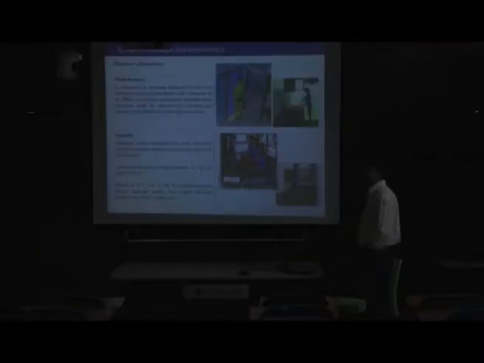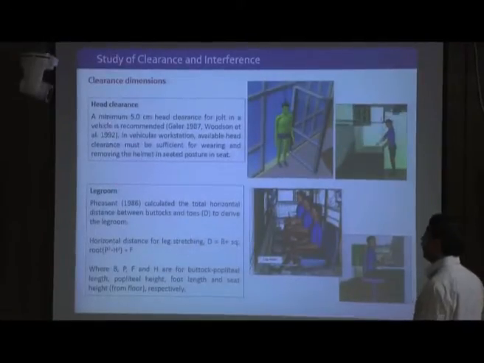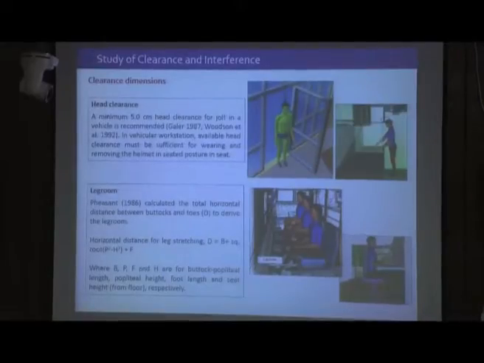There are different types of clearance dimensions, like head clearance, thigh clearance, and leg room. Head clearance: a minimum of 5 cm head clearance for jolt in a vehicle is recommended.